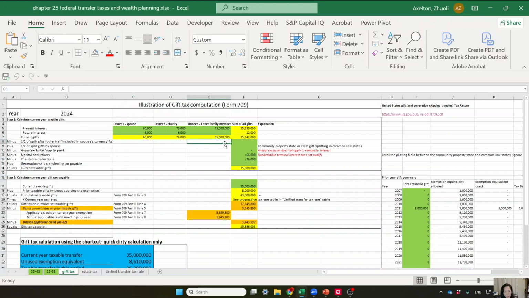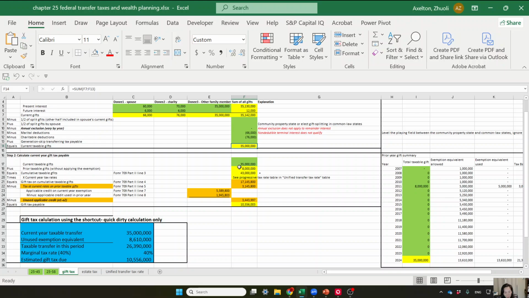So we need to check and see all the different parts. Then we can start with overall total gifts. Then apply the split gift rules, and also the annual exclusion and the marital deduction, charitable deduction, all that stuff, to get to the current taxable gifts.